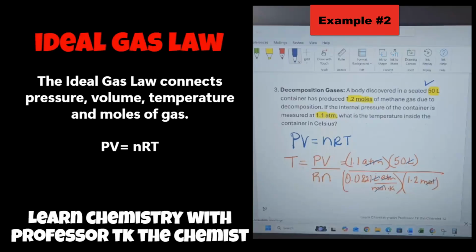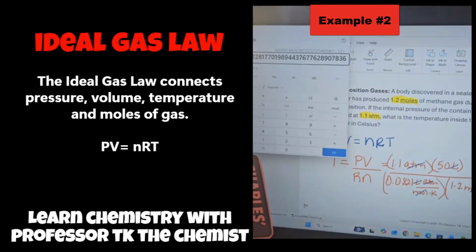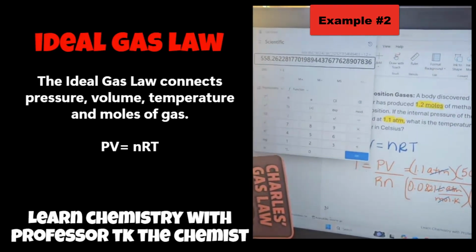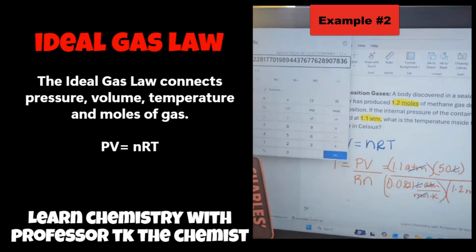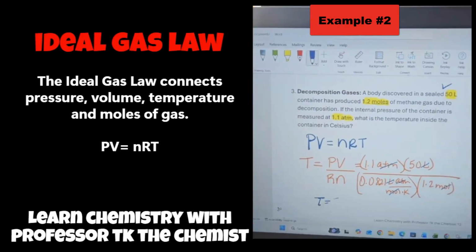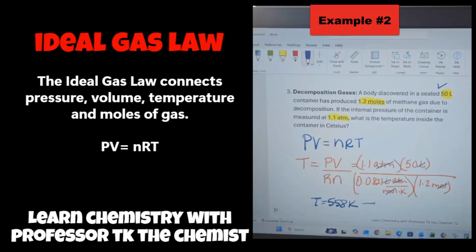So let's plug this into our calculator. 1.1 times 50 divided by 0.0821, and then divide that by 1.2, and you get 558. Yeah, that's really hot, okay? So my temperature is 558 Kelvin, but in order to get that into degrees Celsius, because that's what they were asking us to do, okay?